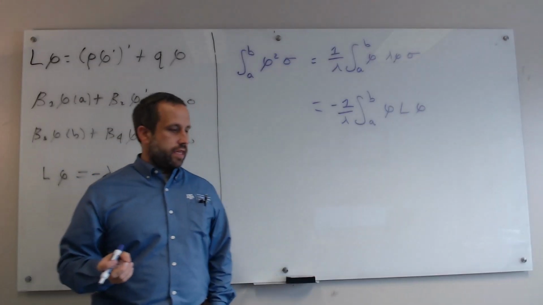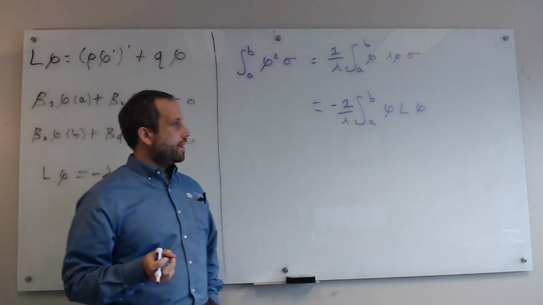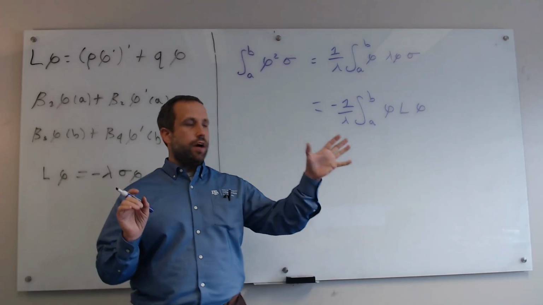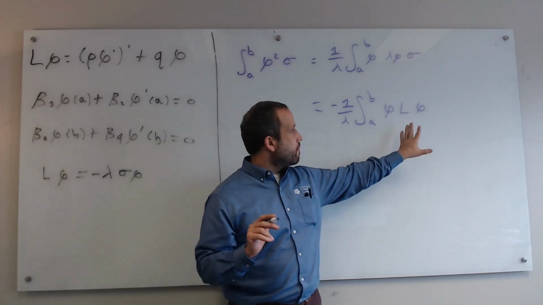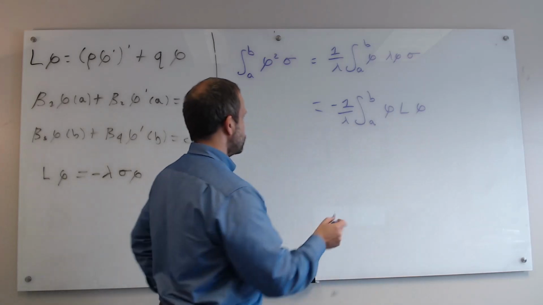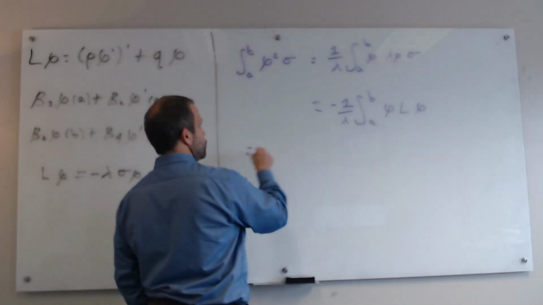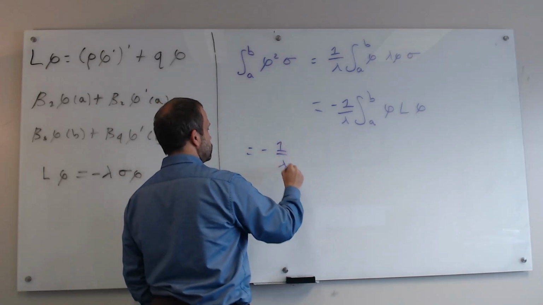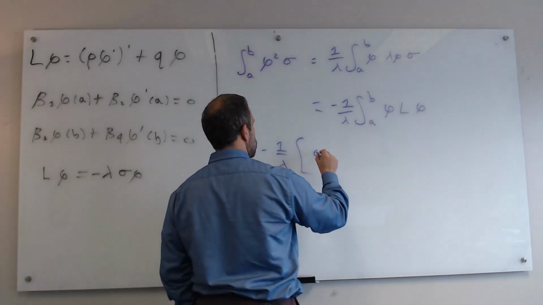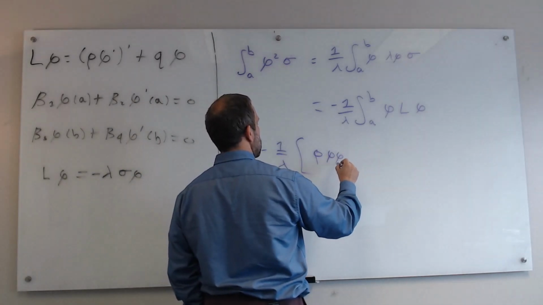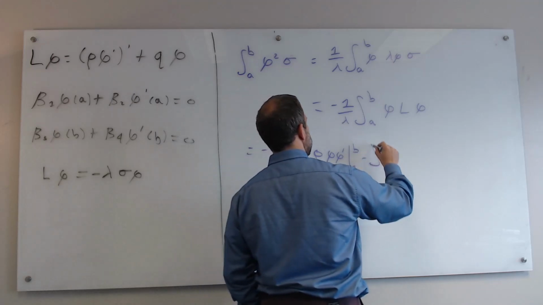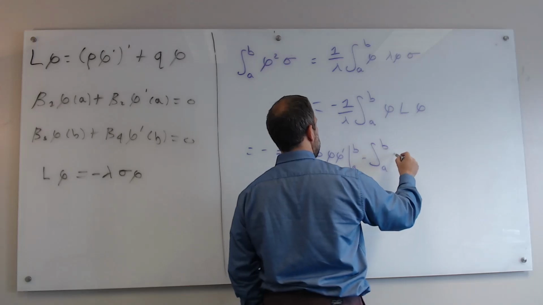Well, if you think back to the video where I had that symmetric property, psi L phi minus phi L psi, we have a similar format here, except instead of psi L phi, it's phi L phi. And so we're going to have minus 1 over lambda, and on the inside we're going to have the boundary terms, p phi prime going from a to b, and then minus the integral from a to b of p.